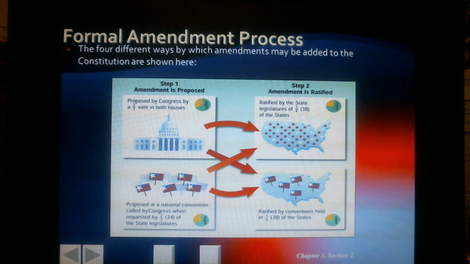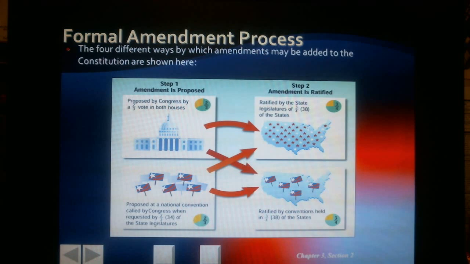One is by a 2/3 vote of both houses. 66% of the Senate and 66% of the House, that's a 2/3 vote, have to agree to propose an amendment. Or you could get a national convention called by Congress when 2/3 of the states, which is 34 of the 50, come together and say, we want you to get together and propose an amendment.